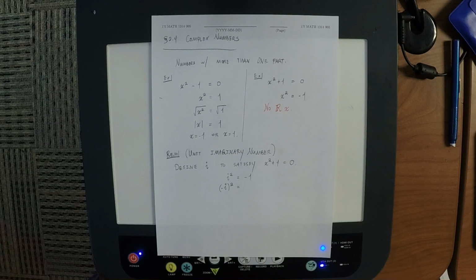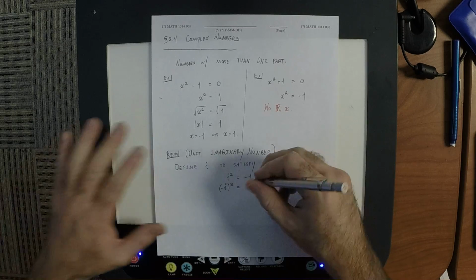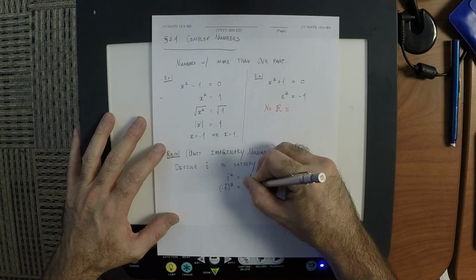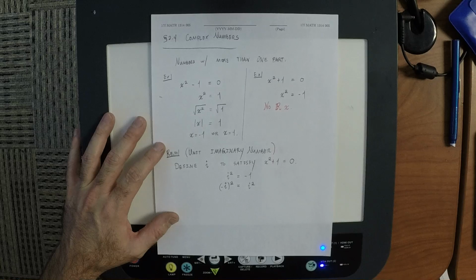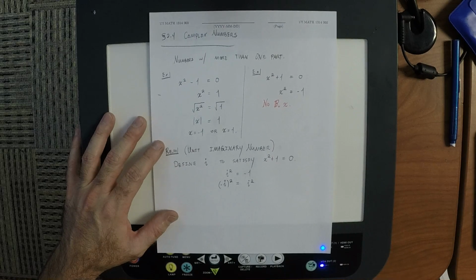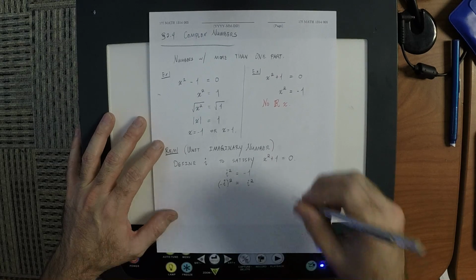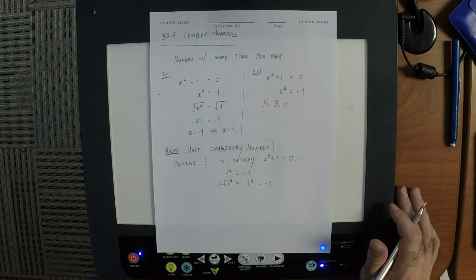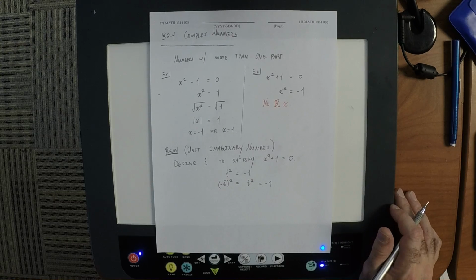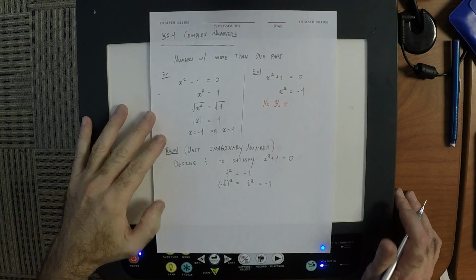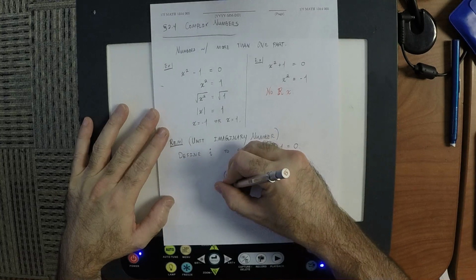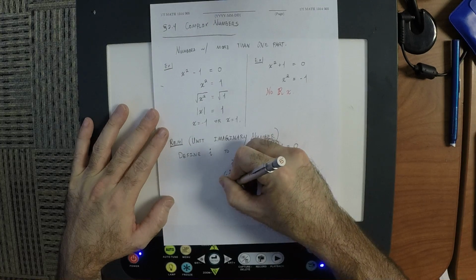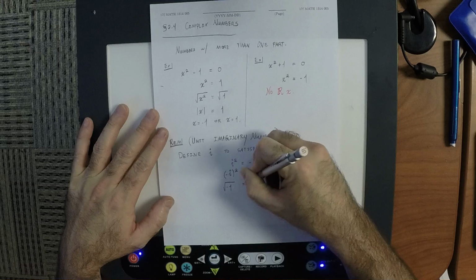Well, the negative would square away, and you'd be left with i squared. But what's i squared? Negative 1. So i squares to negative 1, and so does negative i. They both square to negative 1. And we will define the following, that the square root of negative 1 is now i.